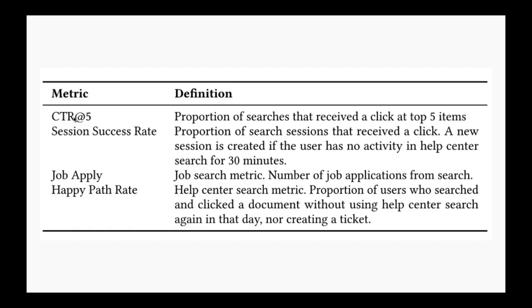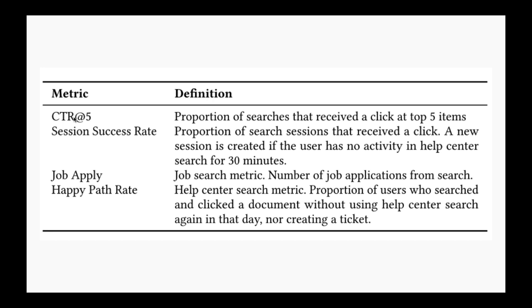Oh yeah, so as for the very exciting online experiments, they introduce several metrics that we need to know. The first one is click-through rate, top five click-through rate. Basically, it's a way to measure how many searches got clicked in the top 5 items of the search result.